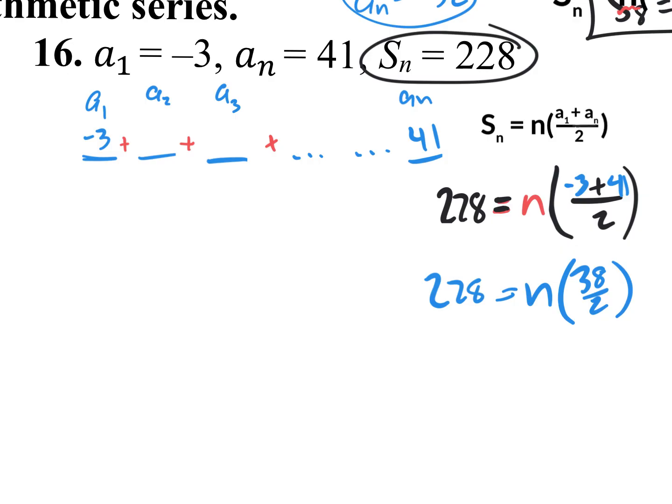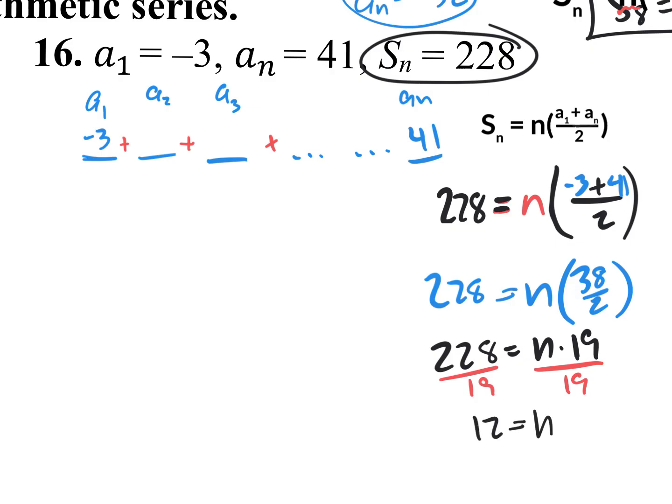So we really have 228 equals n times 19. But you don't want n times 19, you just want n, so divide by 19 to get rid of the multiplication of 19. With the calculator, 228 divided by 19 is 12. So we just found out that n equals 12.